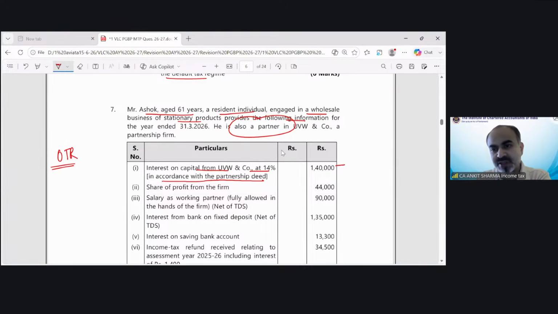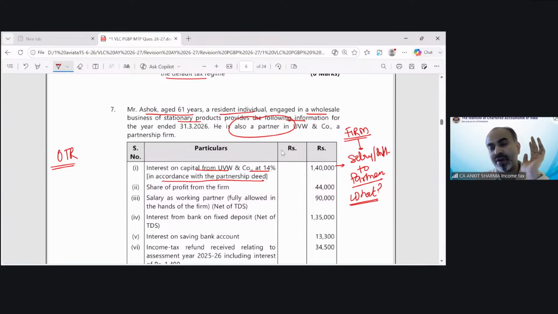My question is, in case of a partnership firm, when the firm gives salary or interest to partners, then what portion of that salary is going to be taxed in the hands of the partners?